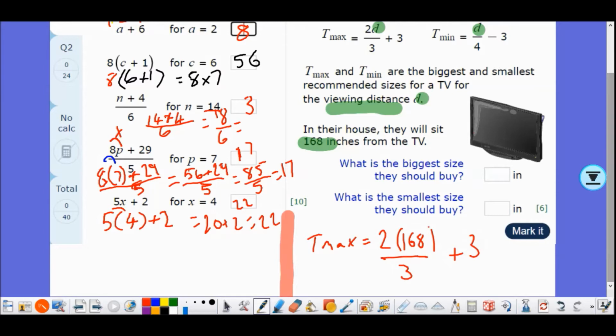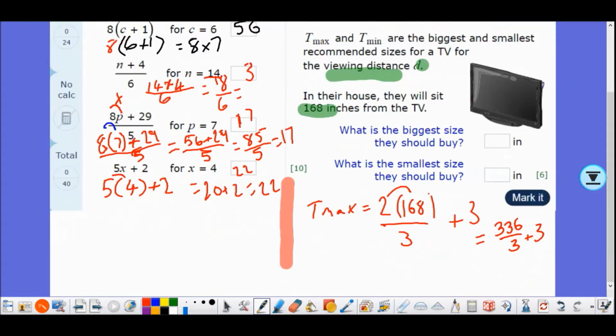Okay, so let's calculate this for a start. So I've got 2 times 168. So 2 times 100 is 200, 2 times 60 is 120, so that's 320, and 2 times 8 is 16, 320 is going to give me 336, divide by 3 plus 3.